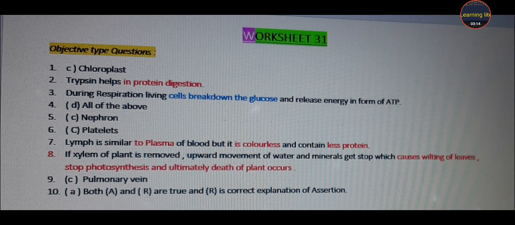Eighth, if xylem is removed, upward movement gets stopped, wilting of leaves, photosynthesis stops and ultimately the plant dies. Ninth, oxygenated blood is carried by the pulmonary vein. And the tenth one, A is correct because stomata are tiny pores and they help in gaseous exchange. Let's move back to our worksheet, students, to do the short answer questions.